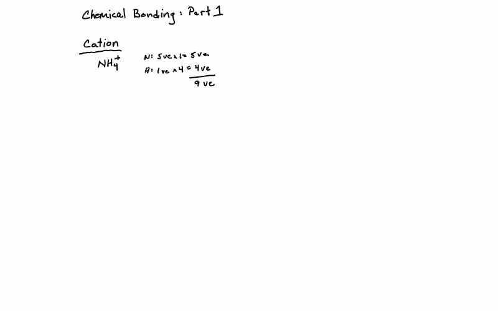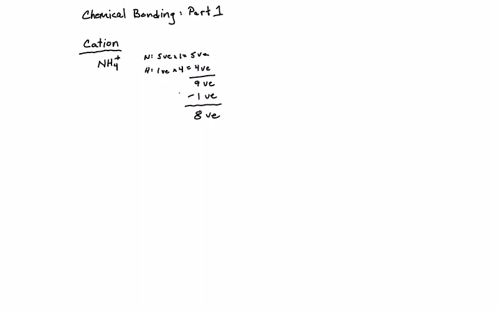Okay, what we have to do now is a very crucial part of the process. If the compound has a positive charge, that means that it is experiencing 1 less electron than it should have. So if it has a positive charge, we have to subtract 1 valence electron.